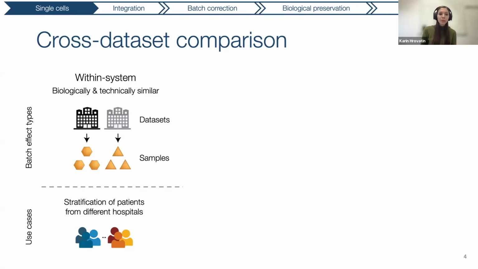One example would be patient stratification, where we might want to pool data sets across different hospitals to get more statistical power. Those data sets will be relatively similar in terms of their biological characteristics and also technical properties. There will nevertheless be some batch effects that we need to remove if we want to make those data sets comparable.